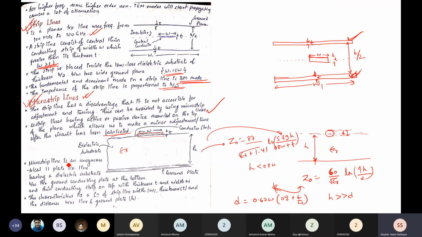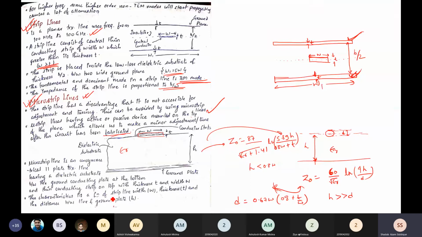A microstrip line is an unsymmetrical parallel plate transmission line having a dielectric substrate between the ground conducting plate at the bottom and the thin conducting strip on top with thickness T and width W. That's what I have explained.